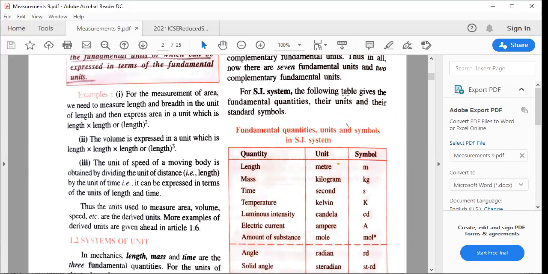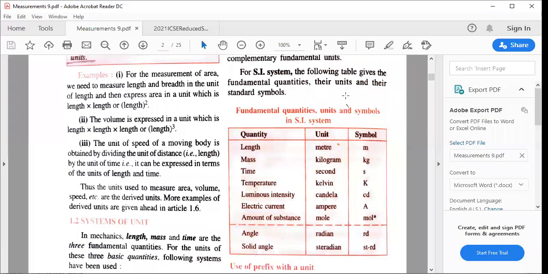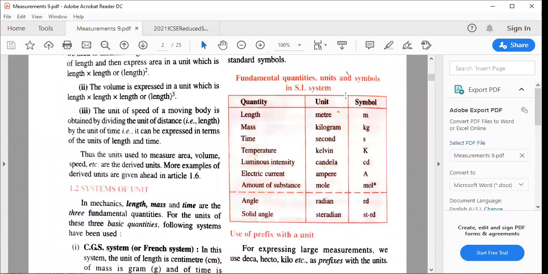SI unit is a standard used in the whole world. Mass cannot be measured in pound, it will be measured in kilogram. Earlier, Britain would talk in pounds and the US in the MKS system. If everyone used their own, it would be chaotic. So they made the international system of units so that everyone speaks the same language. This is a common language of units.